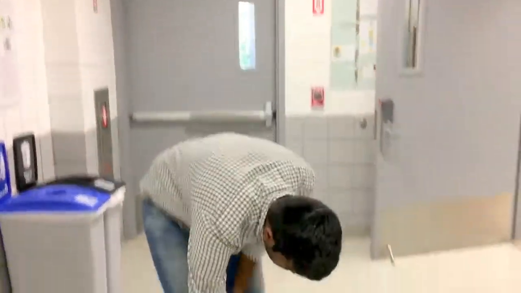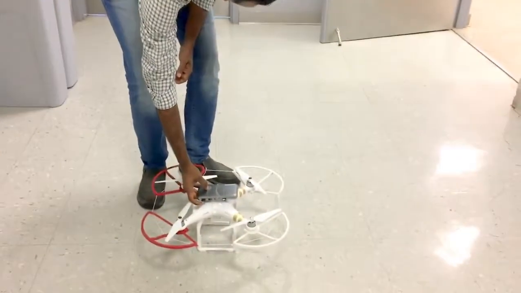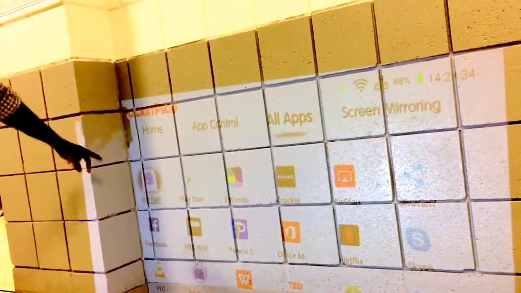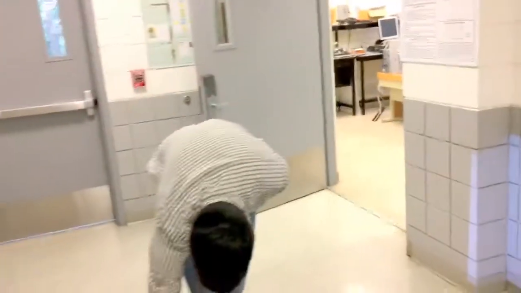Coming to the working, here is the projector mounted on a drone. Here comes the application, called Beacon application at UB, and if I start it, it pops up with the University of Bridgeport logo and then starts scanning for beacons.